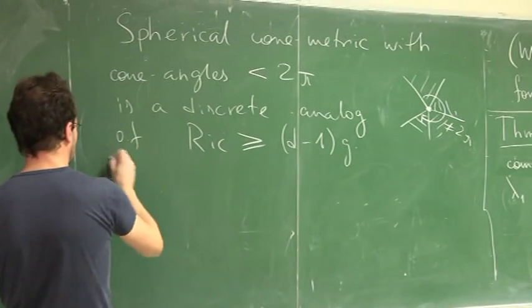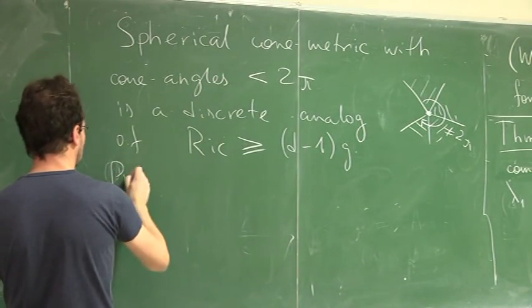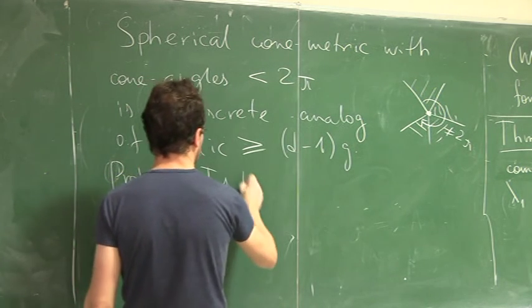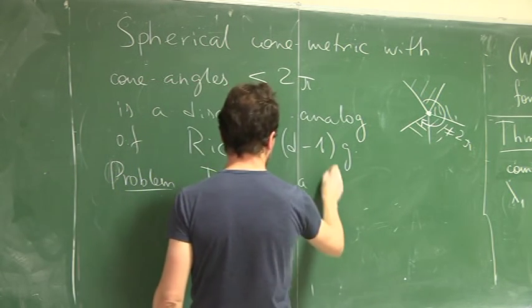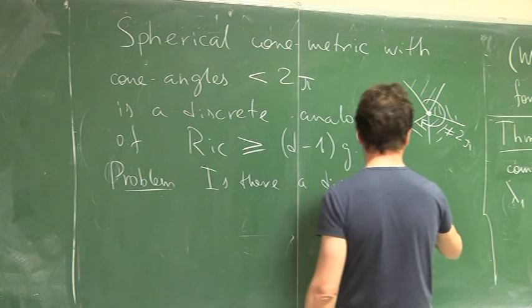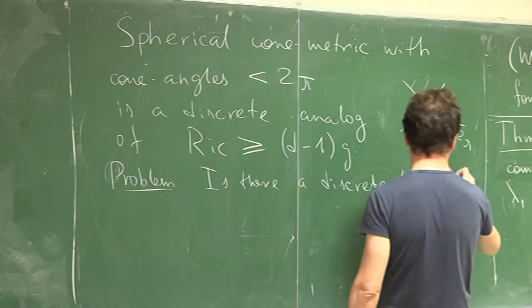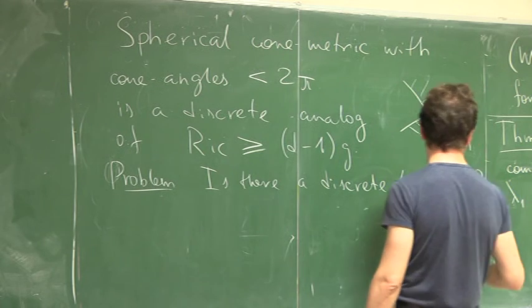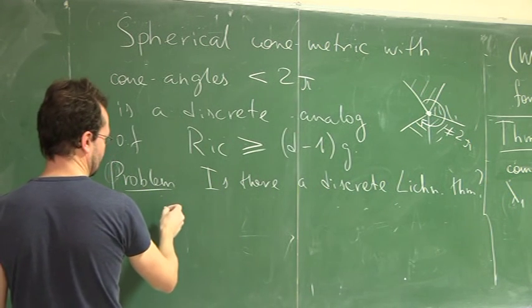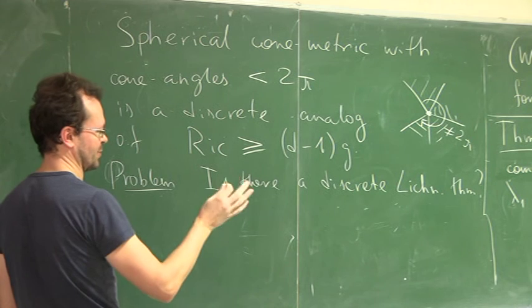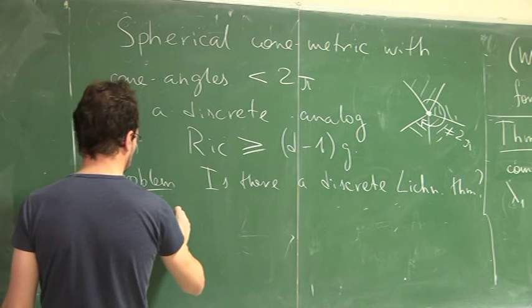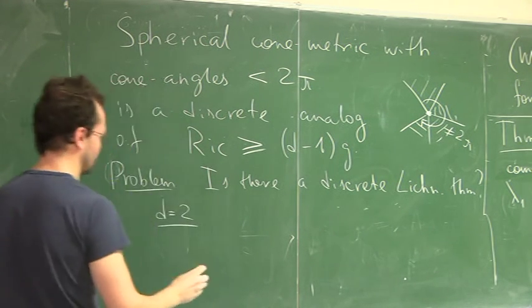So a question, a problem: is there a discrete Lichnerowicz theorem? I can prove it in dimensions; d equal 1 is something simple, but in dimension 2 it also works.